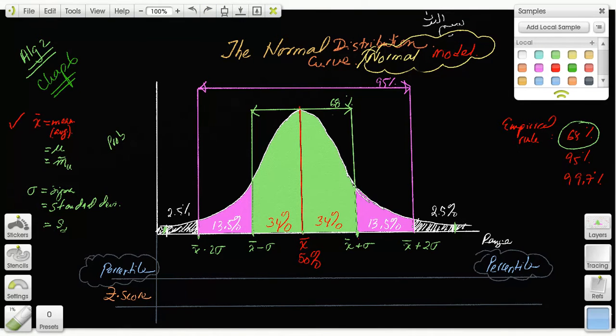This part of the graph contains 2.5% of the data. Then it keeps marching over here, and then it reaches this point. Now this part of the data will contain 2.5 plus 13.5% of the data.